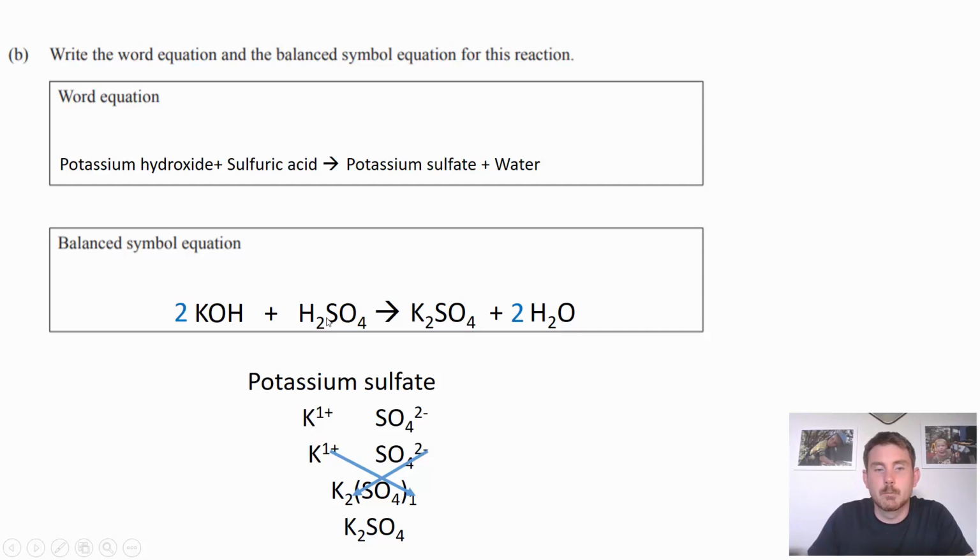Hydrogens, we've got 2 here plus 2 is 4 on the left-hand side. And we've now got 2 lots of H2O, which is 4 hydrogens on the right-hand side. So the hydrogens are balanced, and the sulfate groups are balanced as well. So we should be able to confirm that that equation is correctly balanced. And if you can get to that stage, then that is an excellence level response.